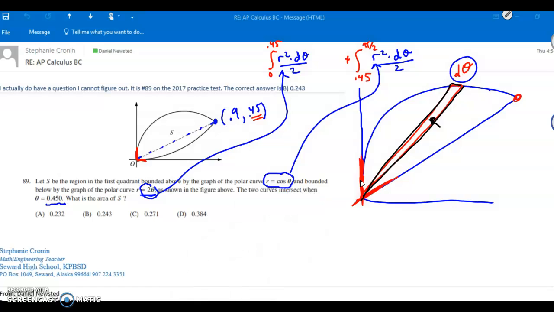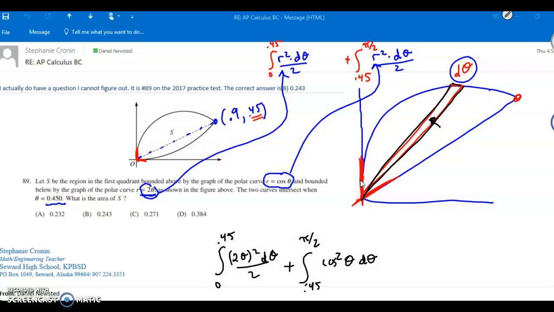Then I end up getting the integral from 0 to 0.45 of (2 theta) squared d theta over 2, plus the integral from 0.45 to pi over 2 of cosine squared theta d theta over 2.